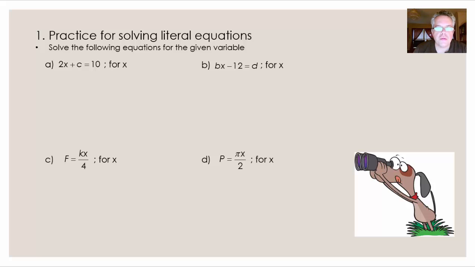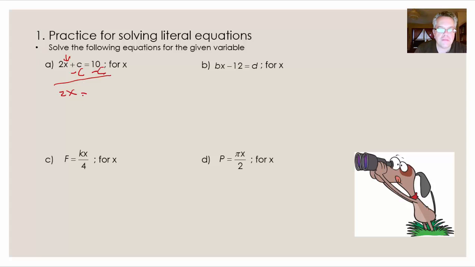In this very first equation, we want to solve it for x. So I like to mark what I'm solving for. I'm solving for x right there. We need to get rid of this plus c, so we're going to subtract c from both sides. We kind of do the same thing we would always do, but we can't always combine terms. So here, when we subtract c from the left side, we just get 2x.